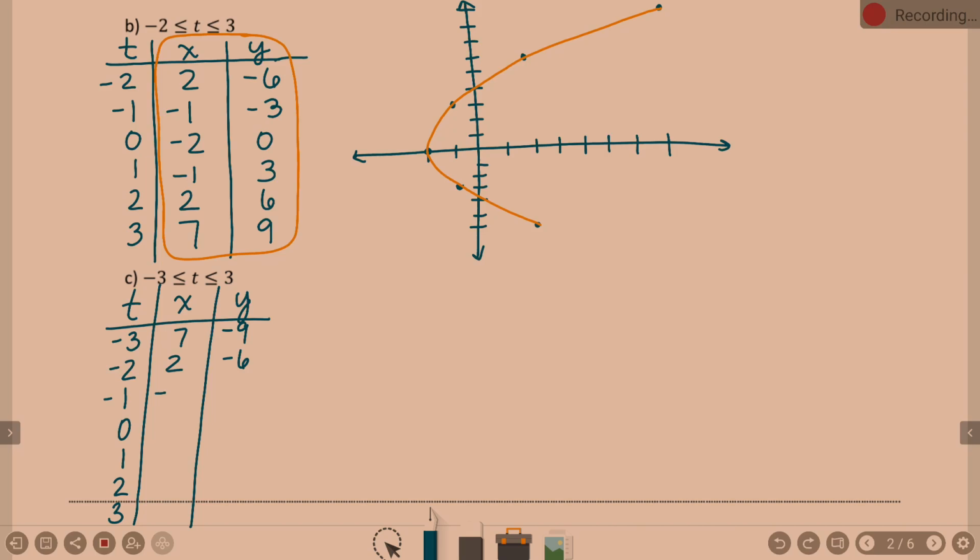Negative 1 is negative 1, negative 3. 0 is negative 2, 0. 1 is negative 1, positive 3. 2 is 2, 6. And 3 is 7, 9.